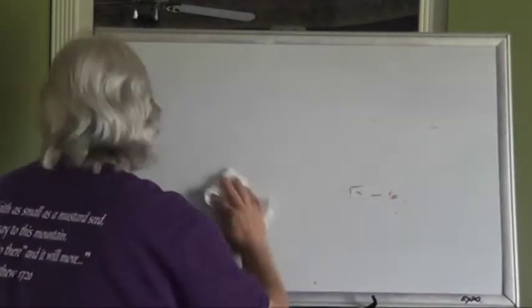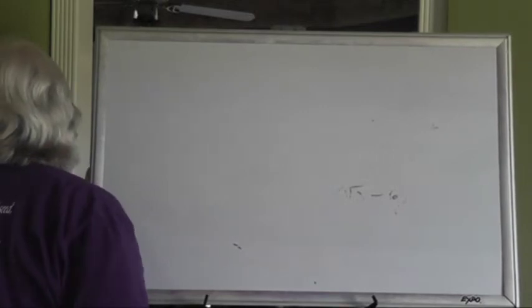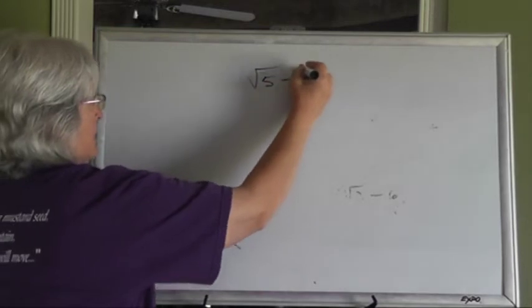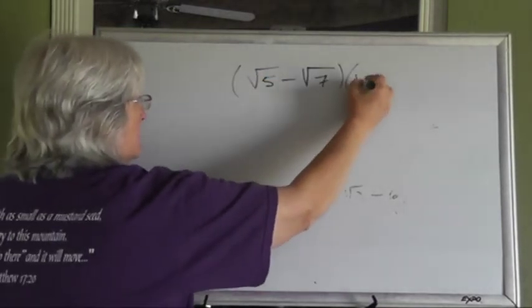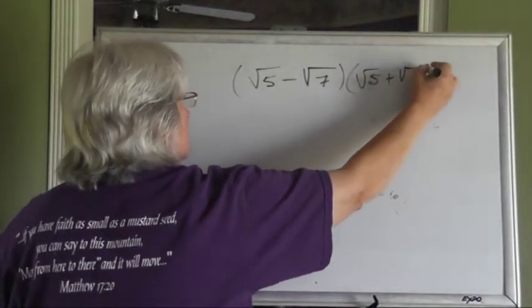So let's continue on. We're going to multiply this. Square root of 5 minus square root of 7 times the square root of 5 plus the square root of 7.